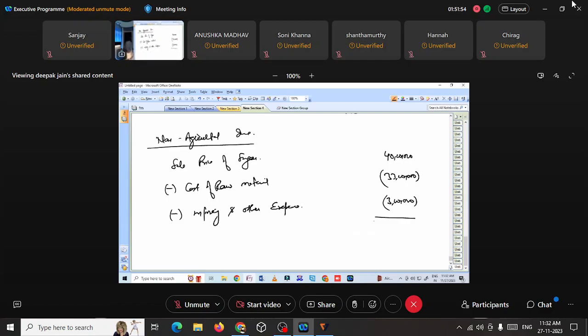So non-agricultural income would be 4 lakh. Income from sugar business is non-agricultural and fully taxable.